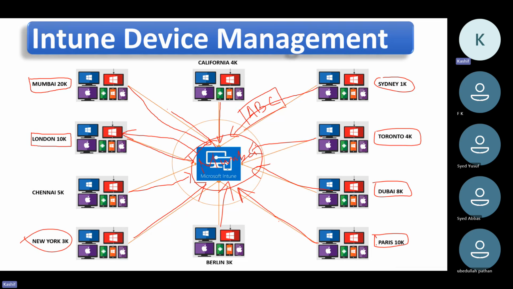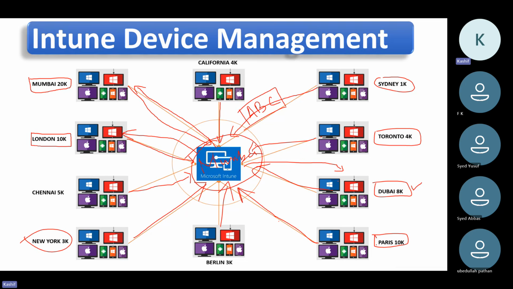You can create a policy and send Microsoft Office to 20,000 computers. Somebody lost their laptop in Dubai, you can send a policy to wipe out the device, factory reset the device. So using Intune, you can control the devices all over the globe. That's the benefit of Intune, right?